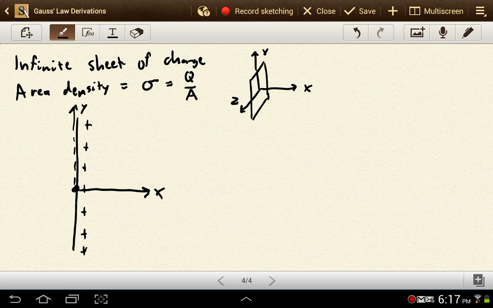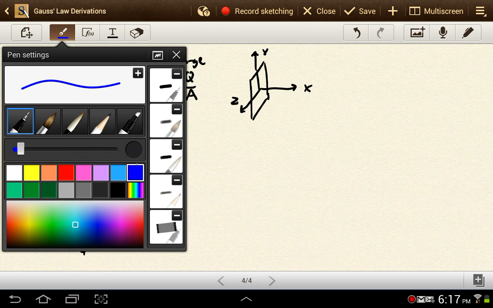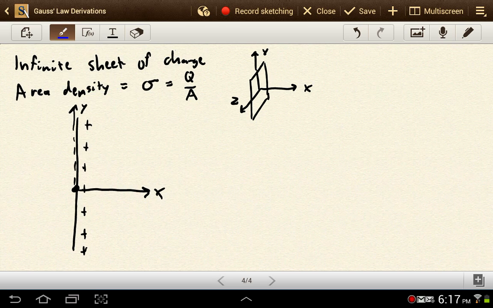So we start with symmetry. What do we know from symmetry? Well, symmetry tells us, first of all, that the electric field can't go in the y direction or the z direction. Remember, this is an infinite sheet of charge that fills the y-z plane, so it's perpendicular to the x-axis.